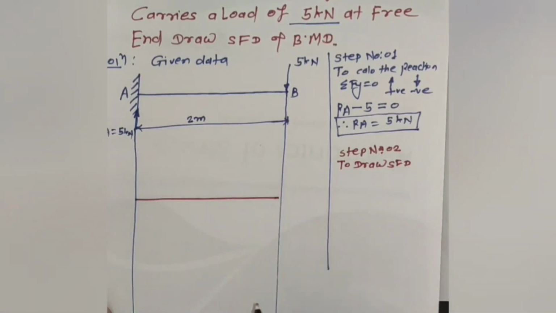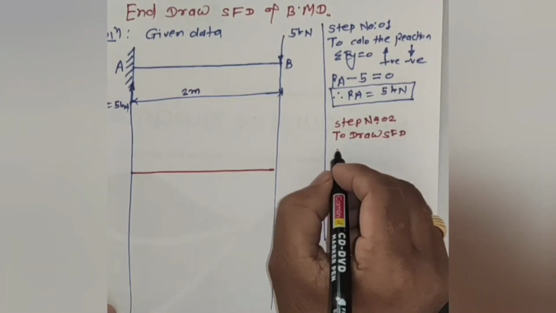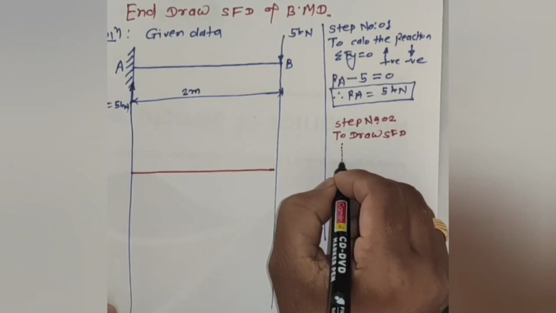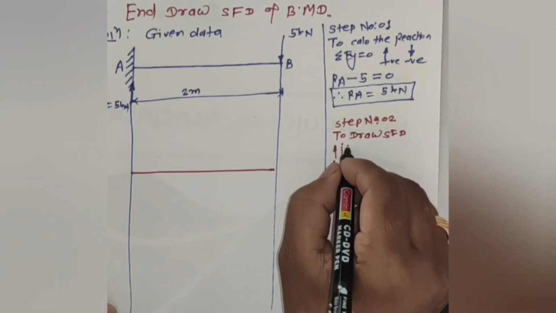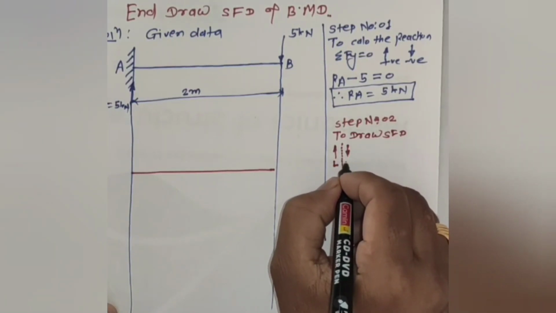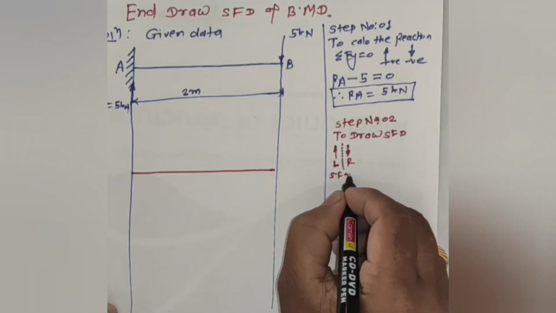Draw the baseline. To draw the SFD, you should know the sign conventions. Left side force goes upward and right side force goes downward, then SF should be positive.